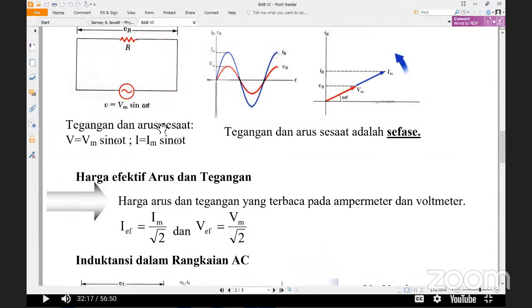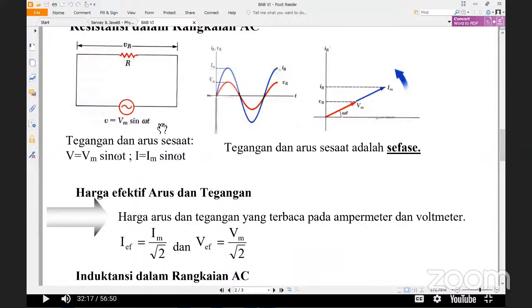Generally, if we have this voltage, for example, and the amplitude is Vmax.